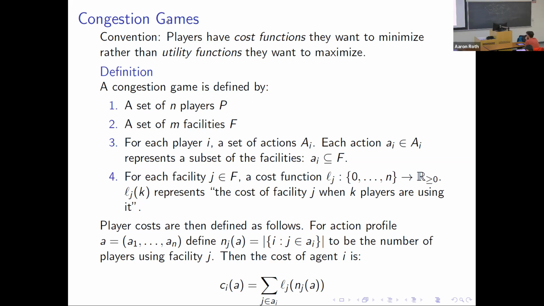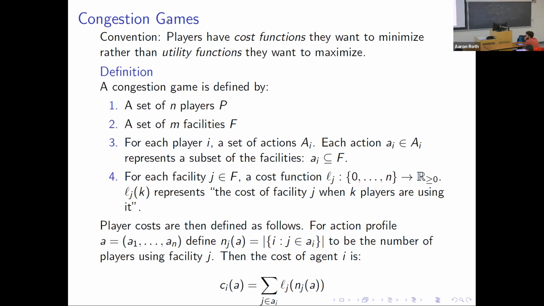Are there questions about the notation or the definition or the objects we're talking about here? Yeah. That's right. So the cost function depends on the facility.